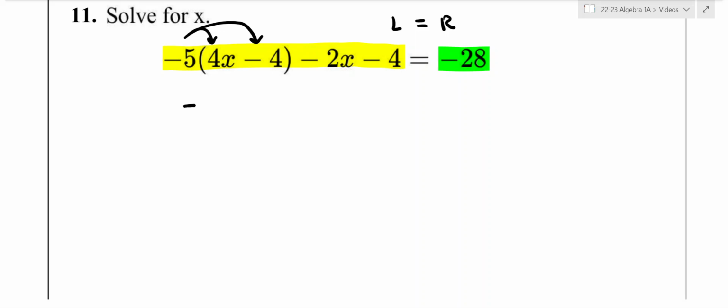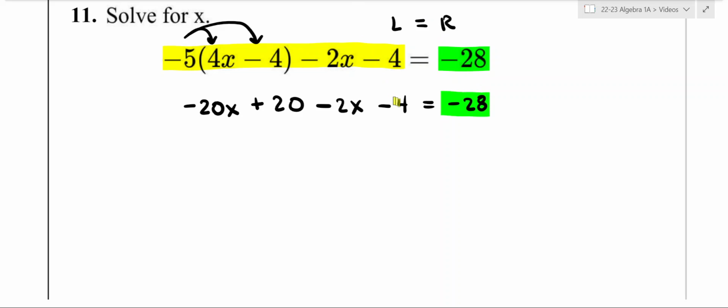So it's going to give us negative 20x plus 20 minus 2x minus 4 equals negative 28. Same deal, this is still the right side and this is still the left-hand side. And even though we got rid of the parentheses, we can still further simplify.